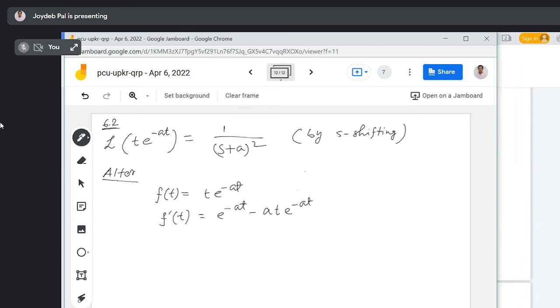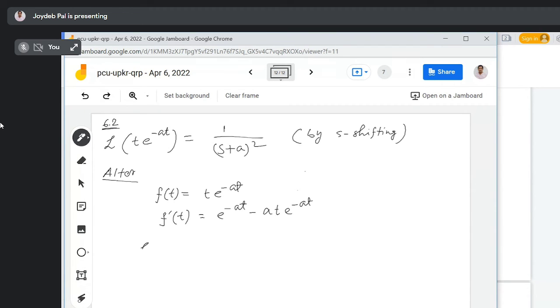You see f(t) is t e to the power minus at, and after first order differentiation we are getting that same term, right? So here I will stop.